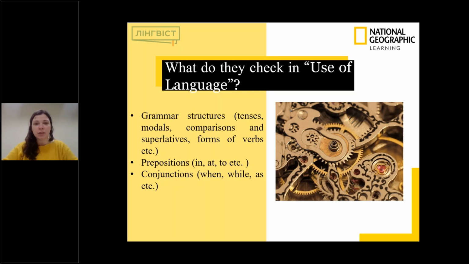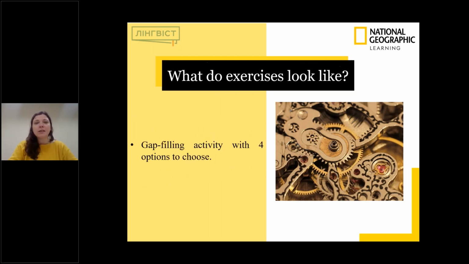Yeah, conjunctions. Usually, they are not just typical activities like students do, gap filling activities, rephrasing. It's just multiple choice. Yeah, they have 4 options to choose, and they need to choose the right one. Some of the tasks can be about the grammar, some tasks can be about the vocabulary.